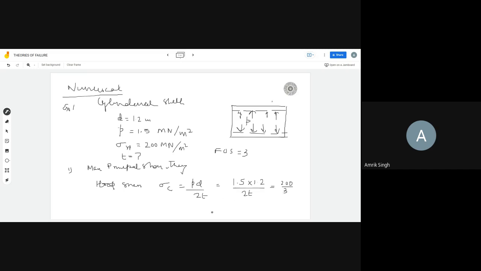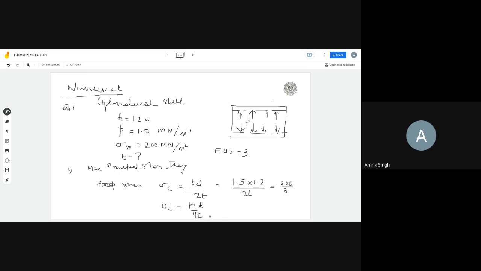From here we can find the value of T. And the longitudinal stress is PD upon 4T.